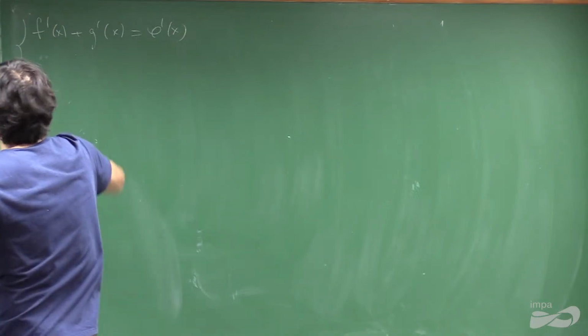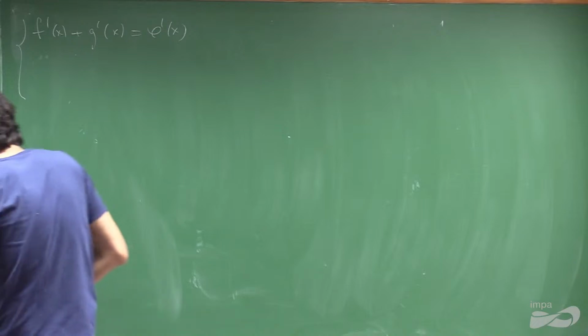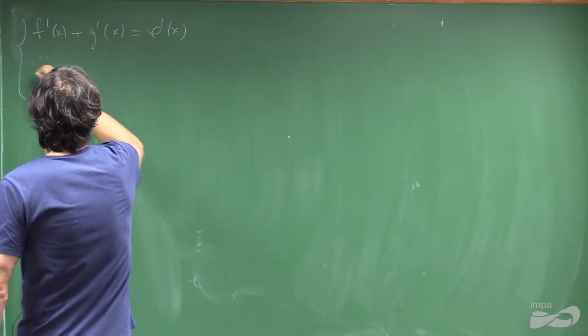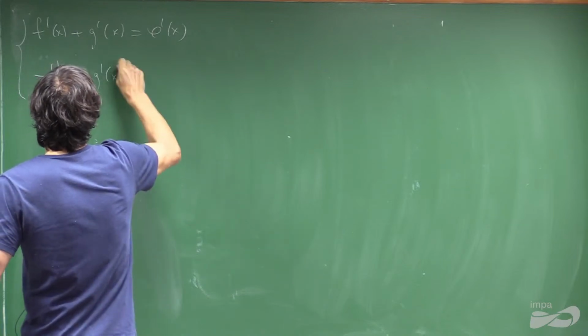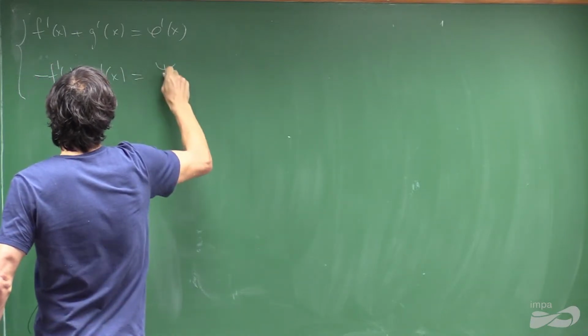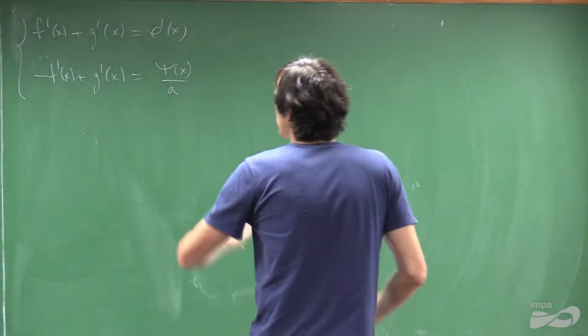This is the first equation, and the second equation we divide by a, so it will be minus f prime of x plus g prime of x equal psi of x over a. And then you can solve them.